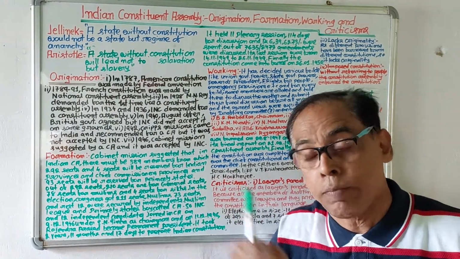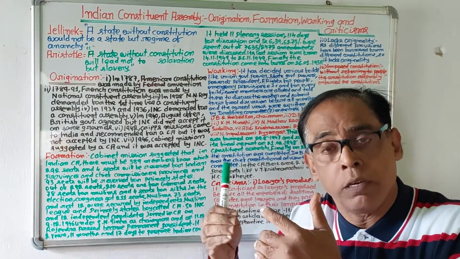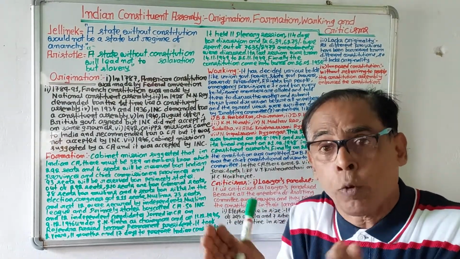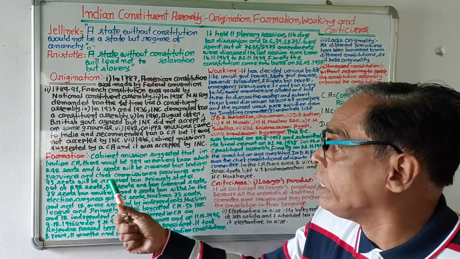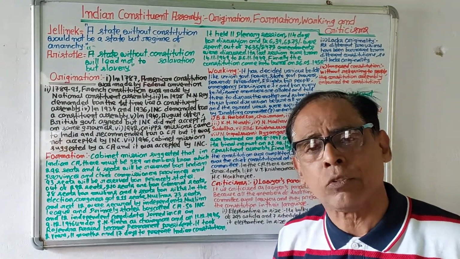Out of 389 members, 292 seats and 4 seats will be reserved for Indian provinces and chief commissioners' provinces, and the rest, 93 seats, will be reserved for the princely states.